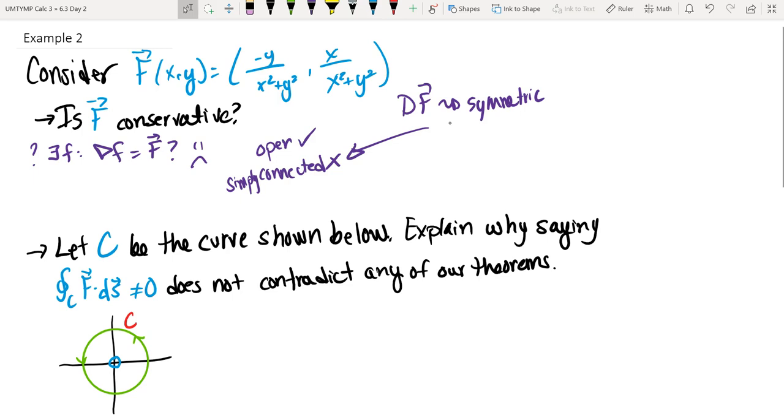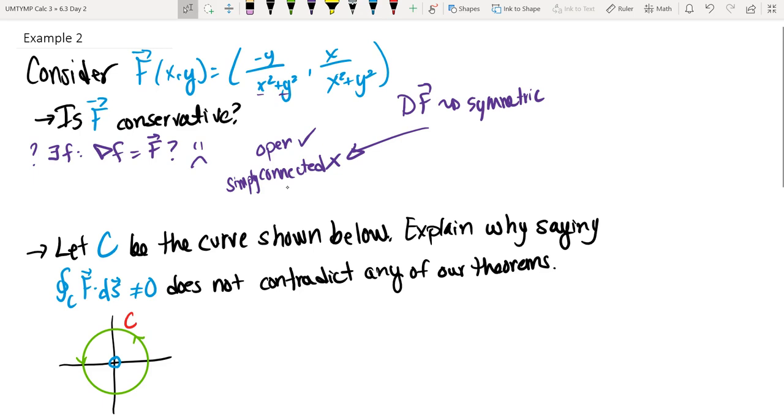And also to note why it's not simply connected: if you look at x squared plus y squared, you can't have 0 in the denominator, so that excludes the origin, so there's a hole at the origin. So that's kind of sad. Okay, so is f conservative? Kind of unknown at this point. Using our standard approach, we can't say that it is, but we can't say it isn't.